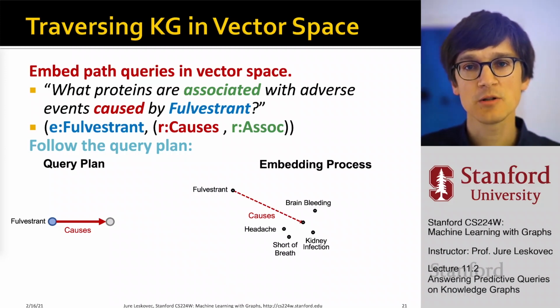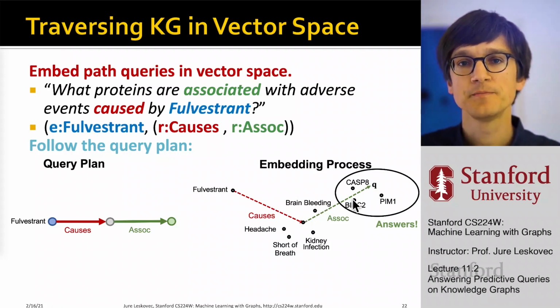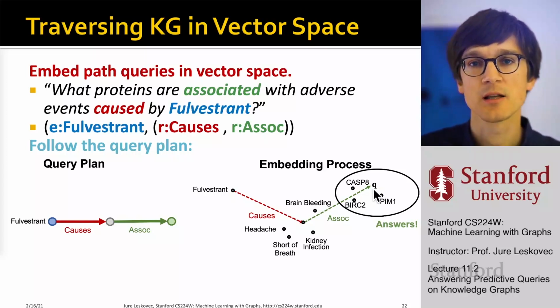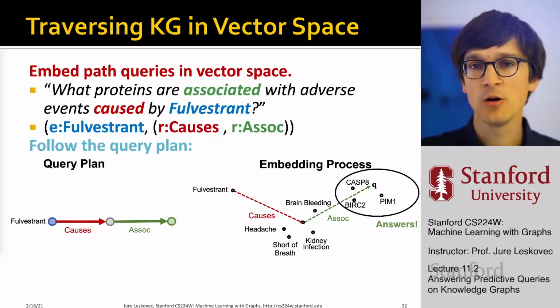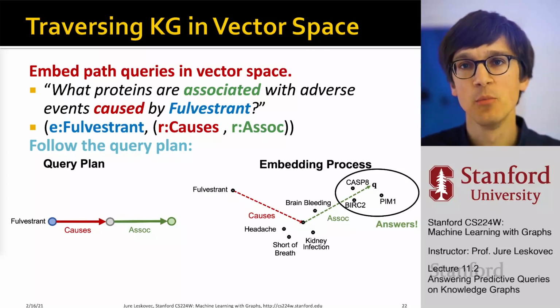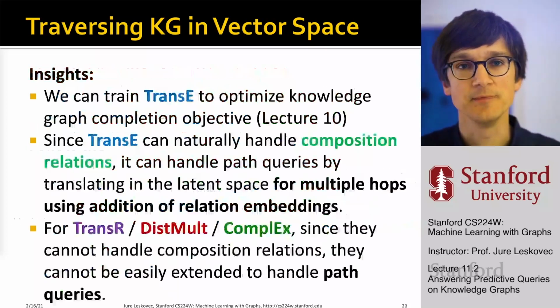I add the associated with vector to it, perhaps this learned vector is like this. This is now the embedding of my query. The goal is that the proteins that are the answer to this predictive query are embedded close to this point Q, and these would be my answers. It's simply about embedding the query and finding the entities that are closest to the embedding of the query. That's the idea for answering multi-hop queries using an extension of TransE.